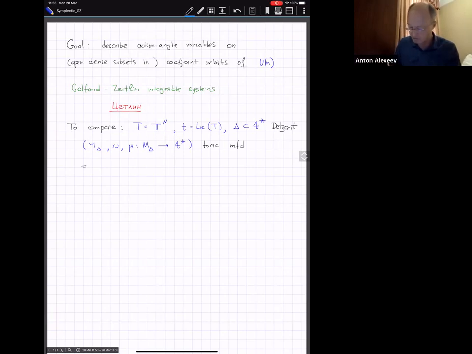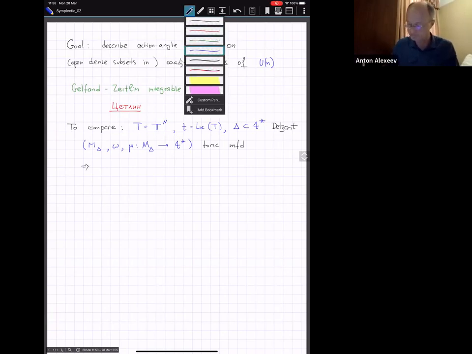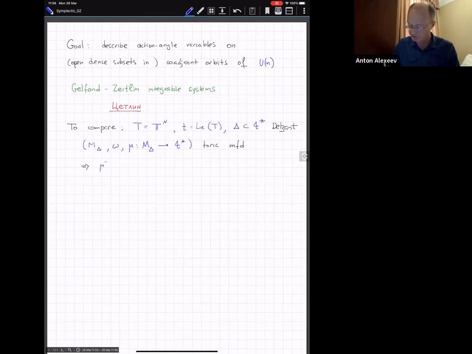So then if one considers a preimage of the interior of delta, it is isomorphic to the product of this interior and the torus.